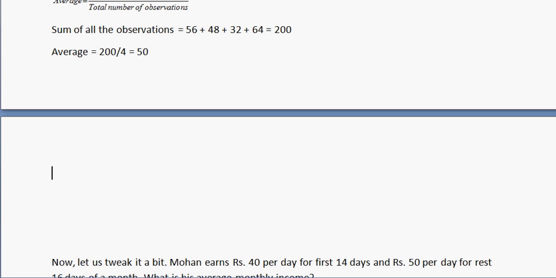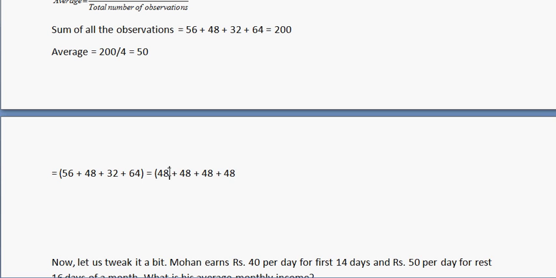So this is what we mean by average. Now you see that there are a few calculations involved. Sum of observations is a calculation, and then we divide it by 4. Just see, can we write 56 plus 48 plus 32 plus 64 as 48 plus 48 plus 48 plus 48?